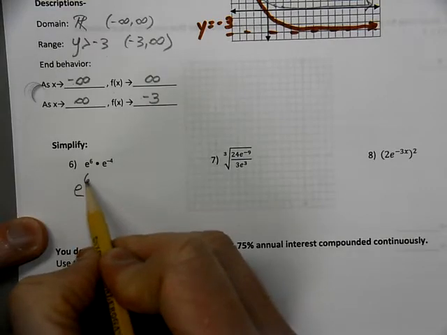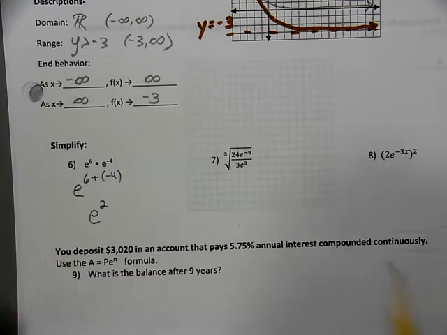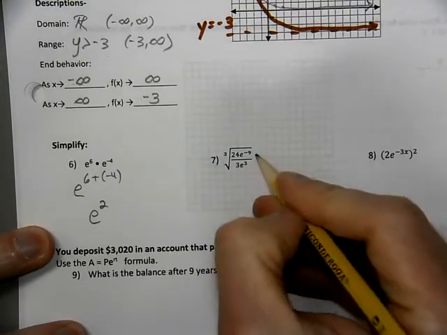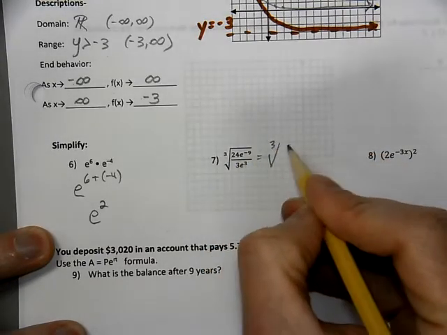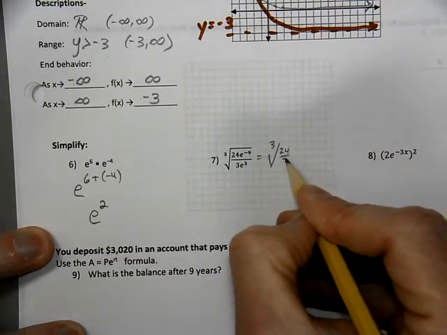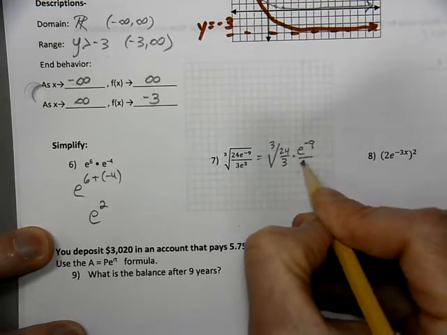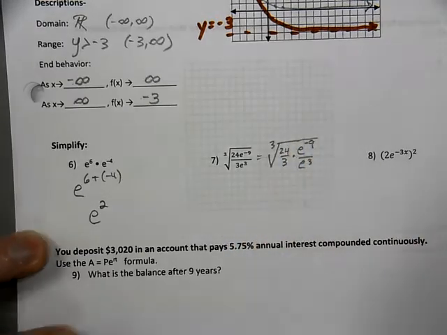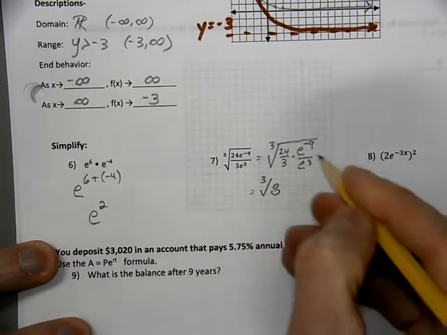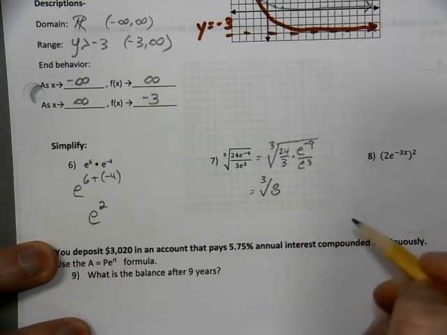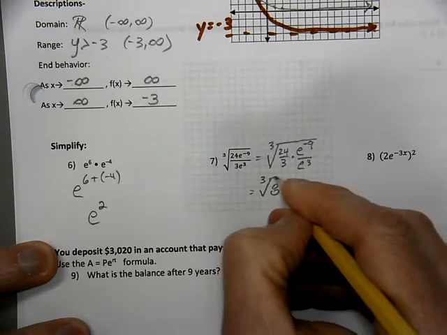Here we'd say e to the 6 plus -4, which is e squared. Here we have the cubed root, 24 divided by 3, and e to the -9, e cubed. So we could say 8, and that e would come down to the bottom, so that would be e to the 12th.